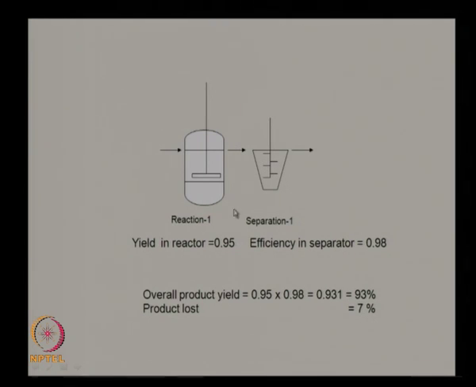Imagine the yield of the reaction is 95%, that means 0.95, and the efficiency of the separation is 0.98, that means efficiency of the separation process is 98%. So the overall product yield you are going to get is a multiplication of this number with this number. When you multiply these two numbers you get 93%. That means you are losing 7% of the product when you move from here to here. Some product is lost here and some product is lost here during these two steps.